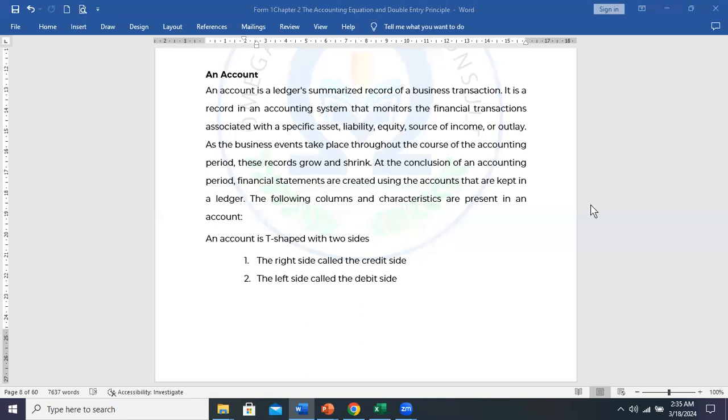An account is a ledger summarized record of a business transaction. So what does it mean? It means that we know business transactions, examples to be sold goods to Kwame 50 million. So this statement, long statement, sold goods to Kwame 50 million, we can summarize it and record it in what we call an account, right?